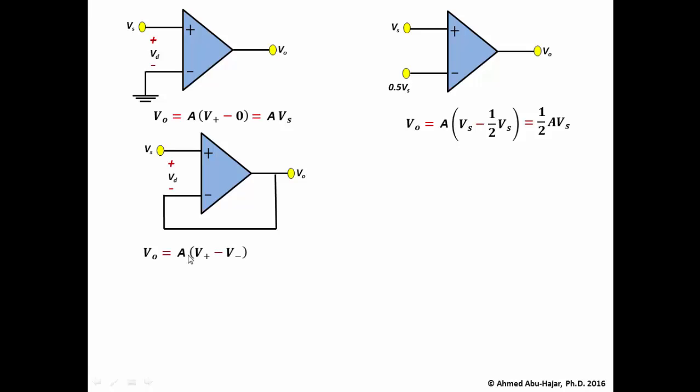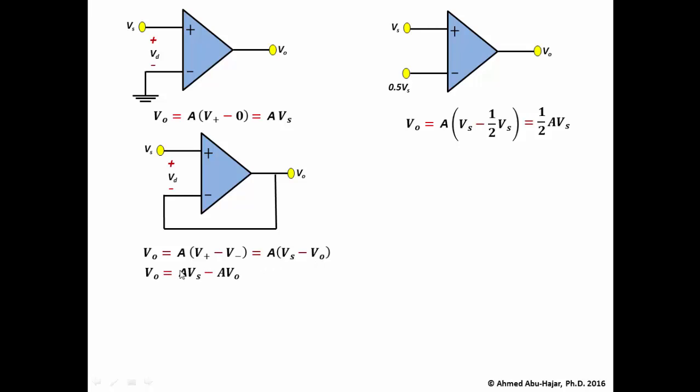V out will equal A times (V plus minus V minus). I know V plus is nothing but Vs, and the voltage at the inverting input, in this case, is nothing but V out.